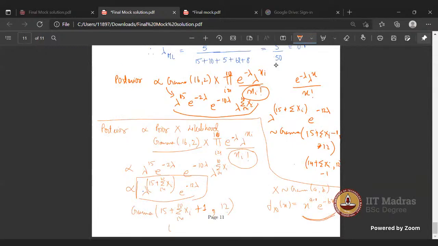Okay. So this is going to be gamma 16 plus 61 comma 12. So it becomes gamma distribution with parameter 77 comma 12. Where is that 16? This is 15 plus 1, 16. Okay.